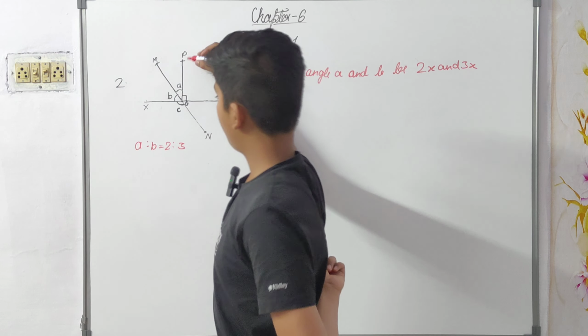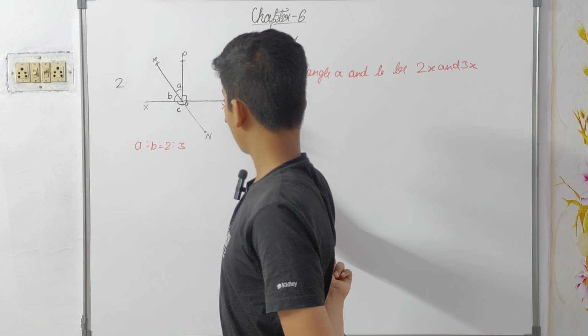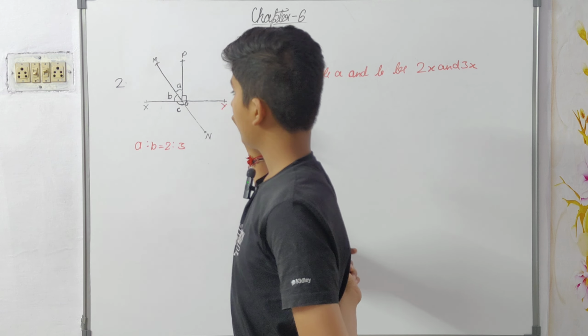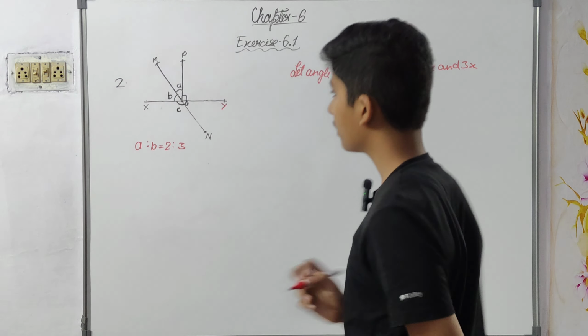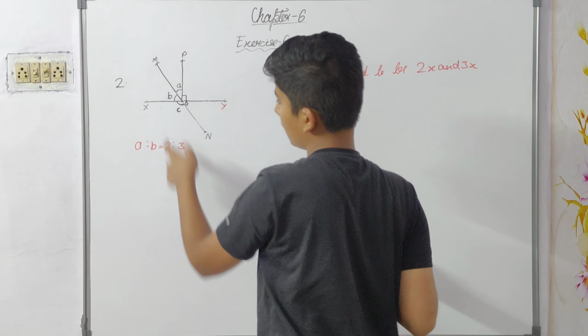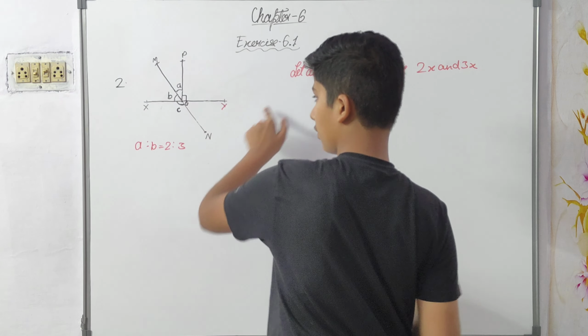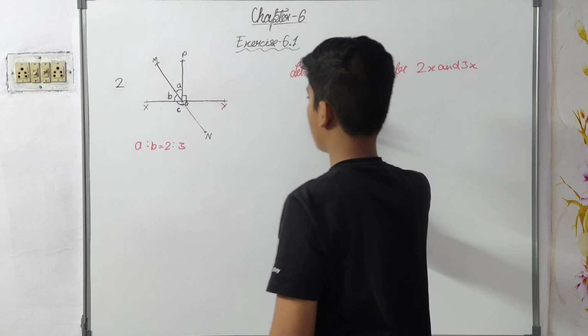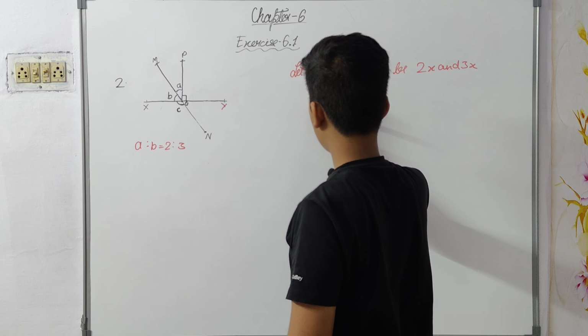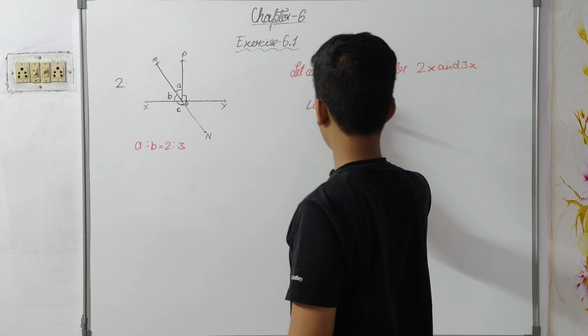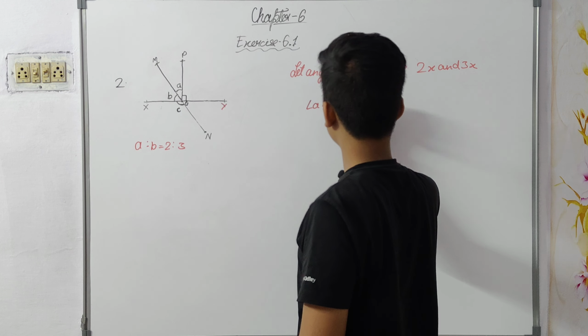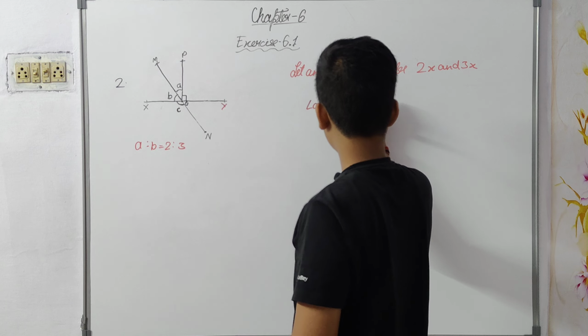Now this angle POY is 90 degrees. So angle POX will also be 90 degrees because this whole is 180 degrees. So we know that angle A plus angle B equals 90 degrees.